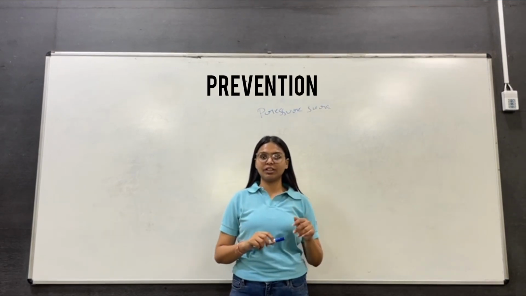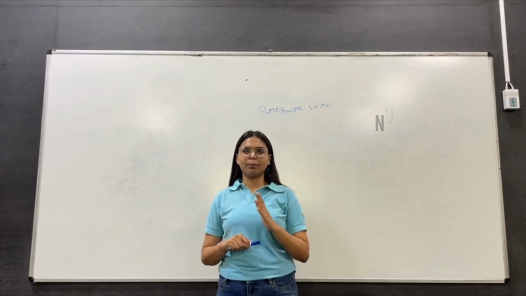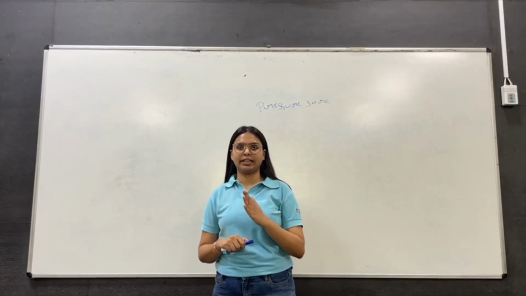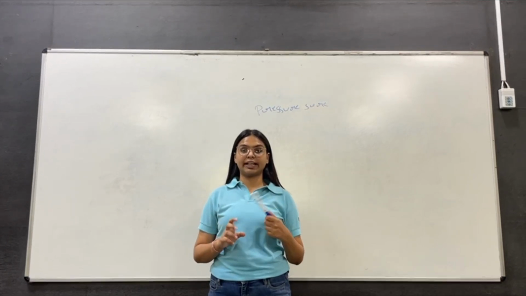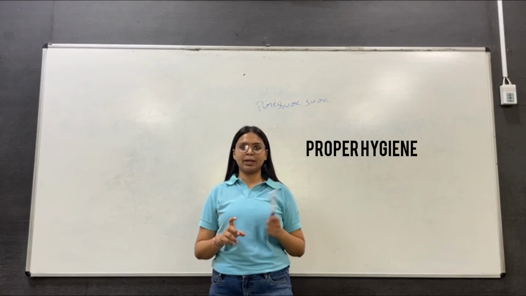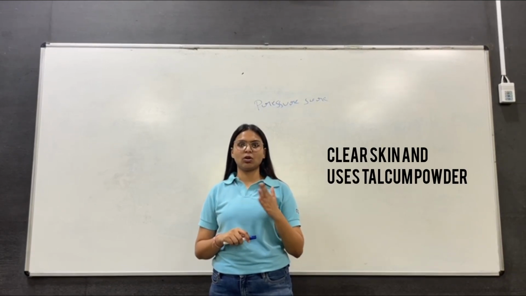Now for the prevention of pressure sores, first of all, we have to give proper nutrition to the patient to keep the patient away from poor nutrition. The second thing is hygiene. Hygiene is a must for bedridden or wheelchair bound patients. Keep the skin clean all the time.